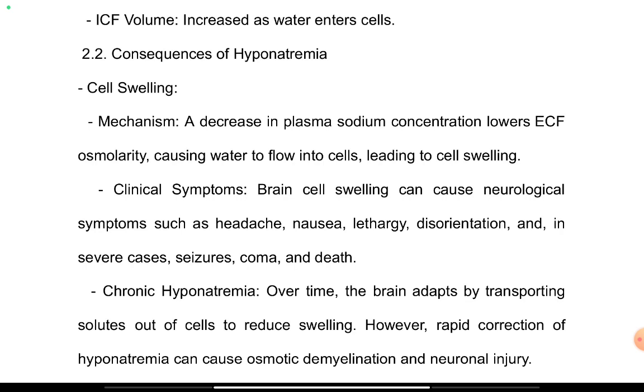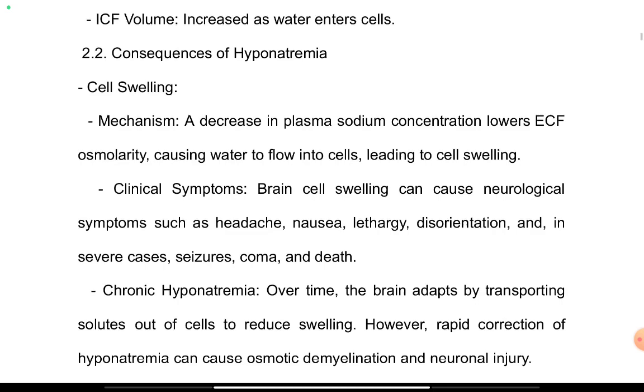So it causes cell swelling. That's why in hyponatremia, the bulk of the symptoms a patient will experience will be neurological symptoms, because the brain will start swelling. An example of such is headache, nausea, lethargy, disorientation, and in severe cases, seizures, coma, and the patient can die if there's no intervention.